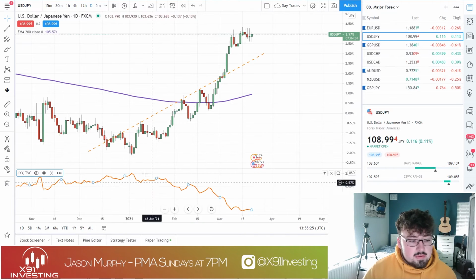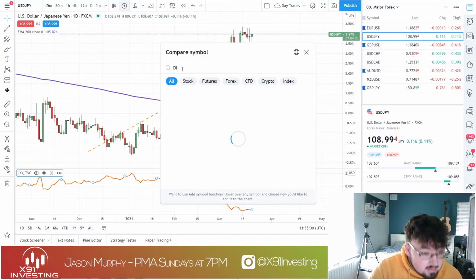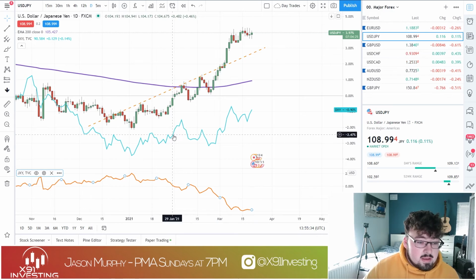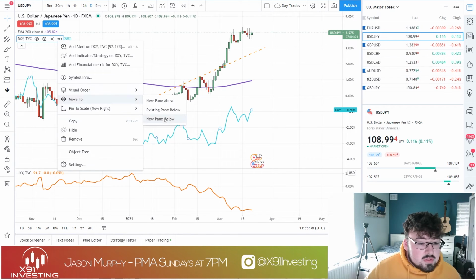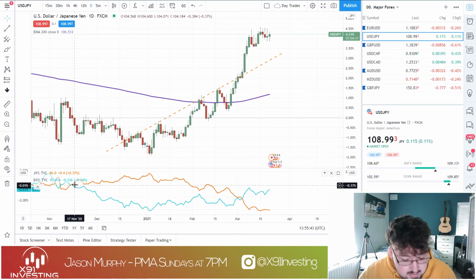Then we add another one, the DXY, and move that line chart to the existing pane below, so we can see the strength of each currency over time.